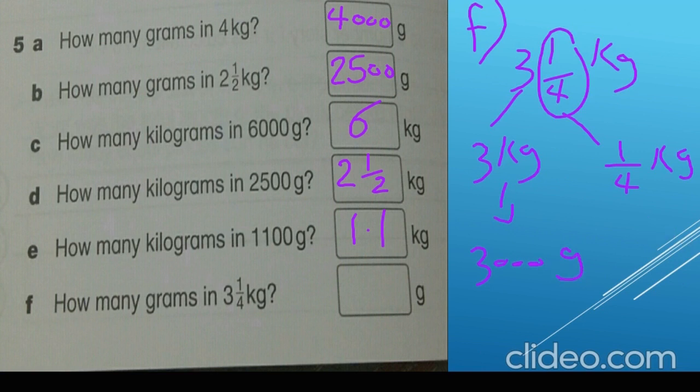And 1/4 kilogram means 250 grams. We add it together. So 3,000 grams plus 250 grams equal 3,250 grams.